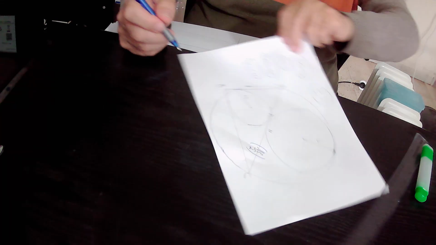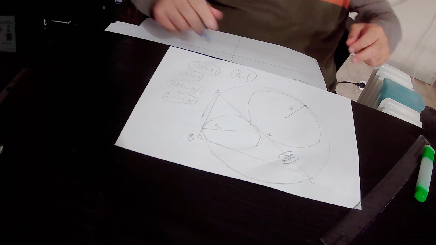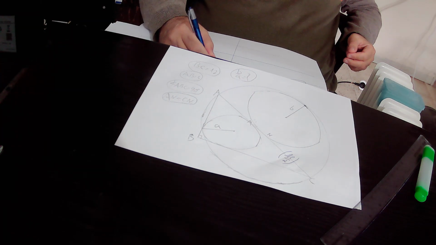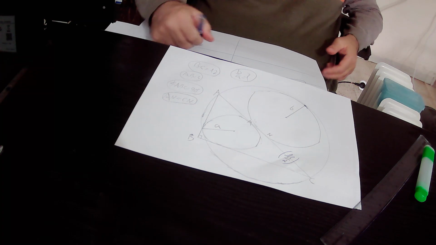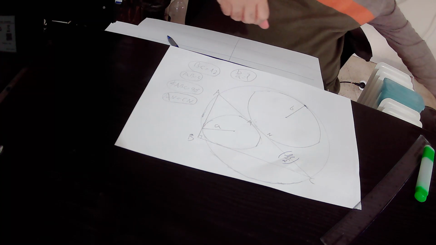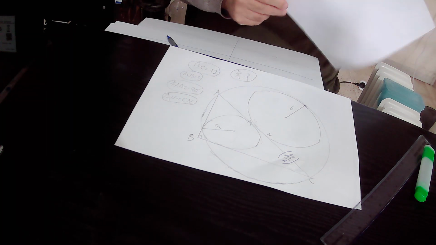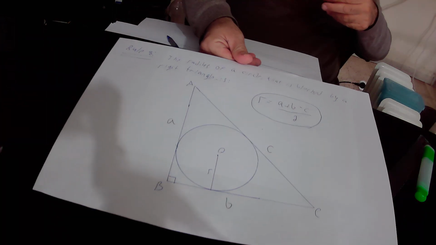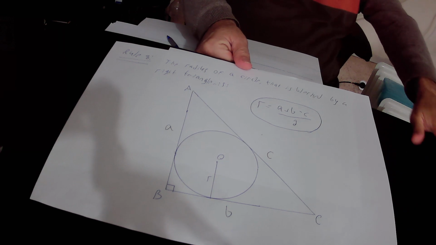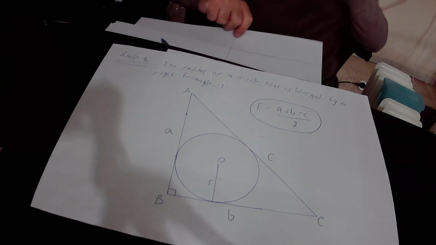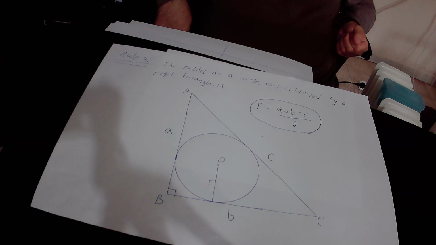So in the next step I will present to you a new rule, number 8, and we implement rule number 8 in our drawing. According to rule number 8, the radius of a circle that is blocked by a right triangle is R equals A plus B minus C over 2.